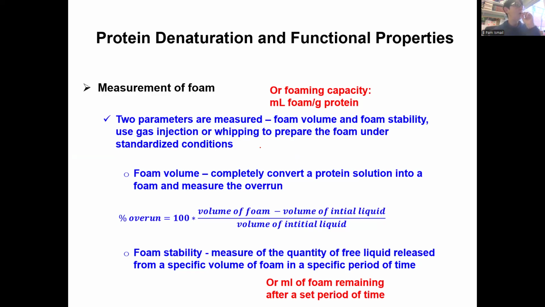Or we can measure the foam volume generated per gram of protein, milliliters of foam per gram of protein. So either that or overrun. And then the change in foam volume over time gives us stability, how much volume of foam we lost over time.